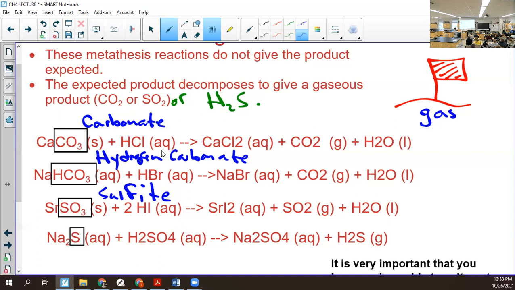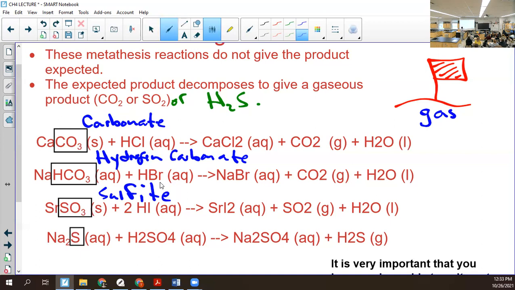The good news is that these three are super similar. One says carbonate, the other one says hydrogen carbonate. Both of those end with a CO3, right? And then this ends with an SO3, which is kind of like a CO3. The top three are all the same idea, I promise.